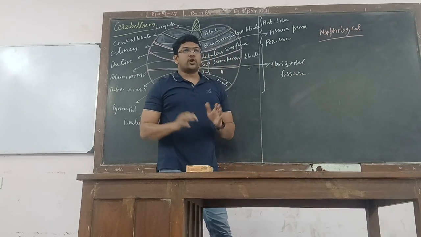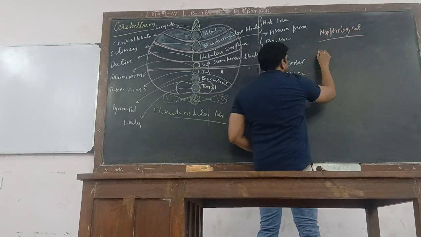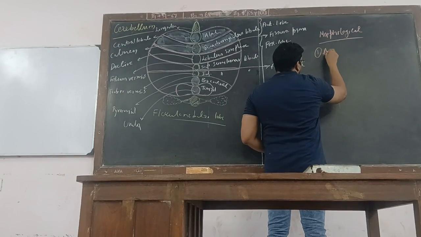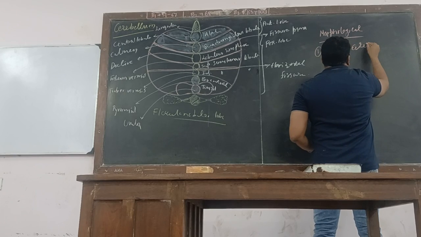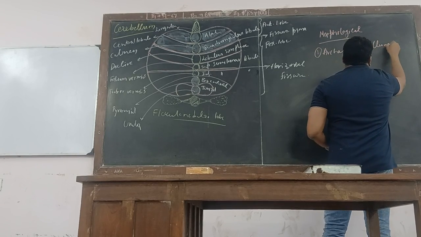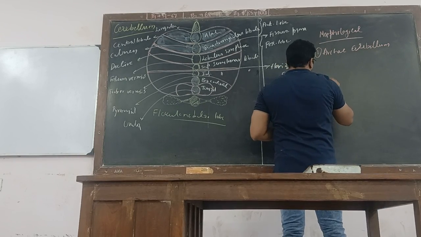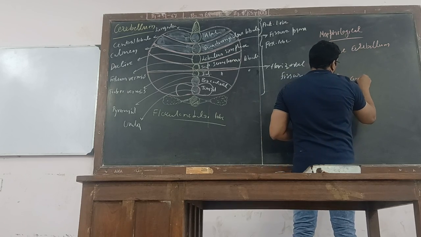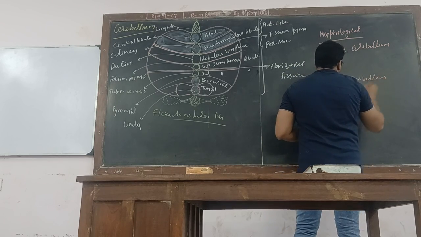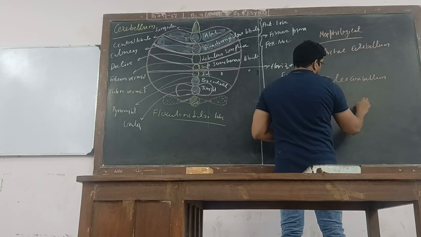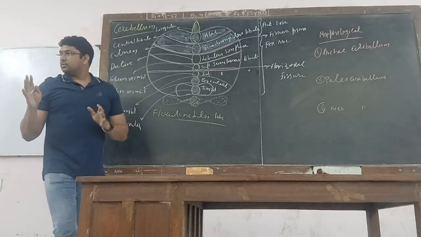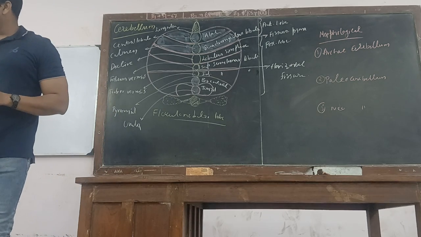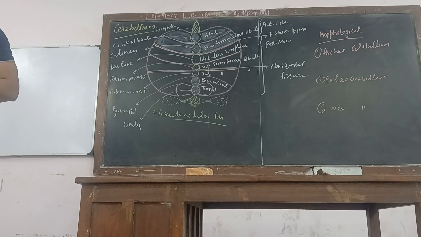Now, morphological subdivisions. Morphos means what? External structure. So these are the three morphological subdivisions.